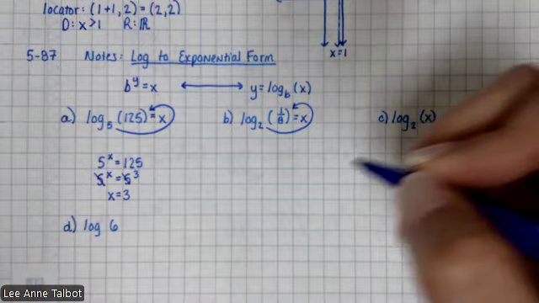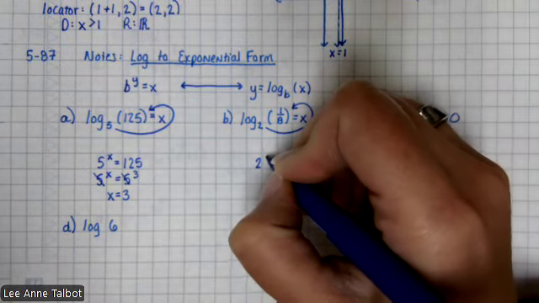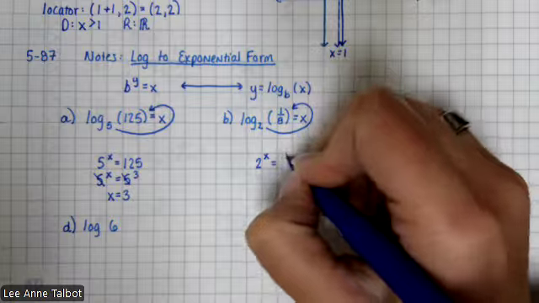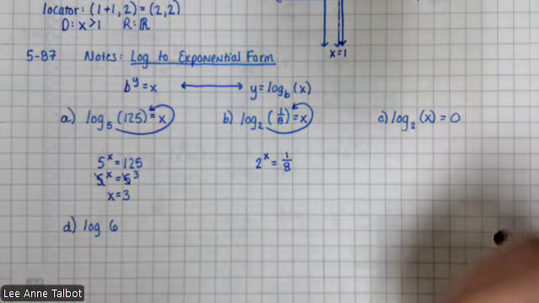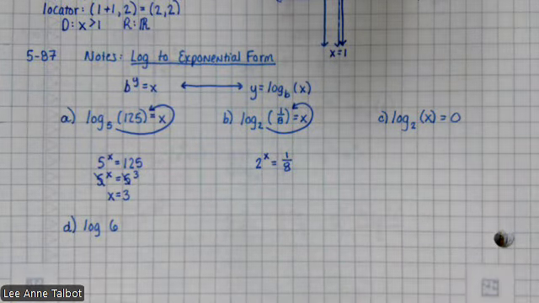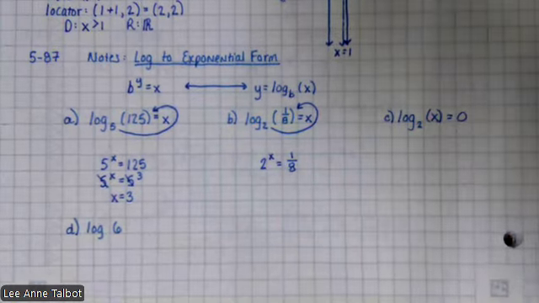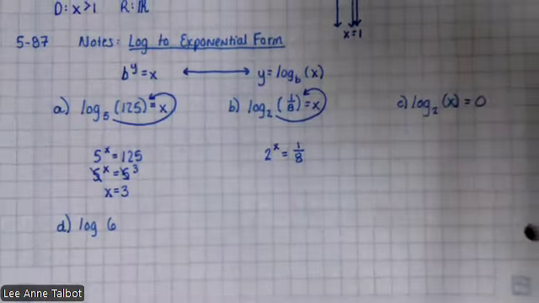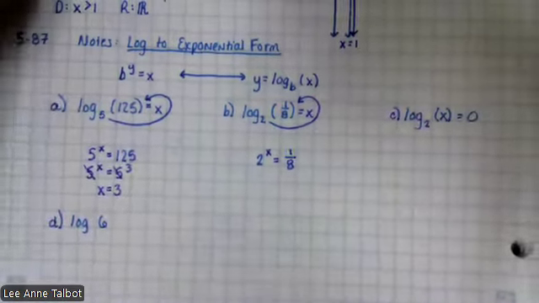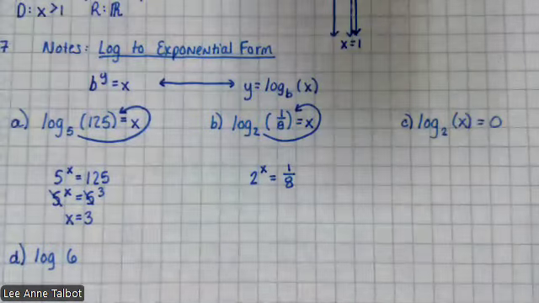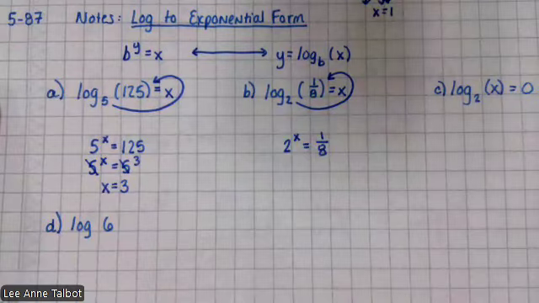Giant and circle. 2 to the x equals 1/8. I'm going to do this one in 2 steps because I want you to see everything I do. I can do it in 1 step, but I think 2 is a better idea.